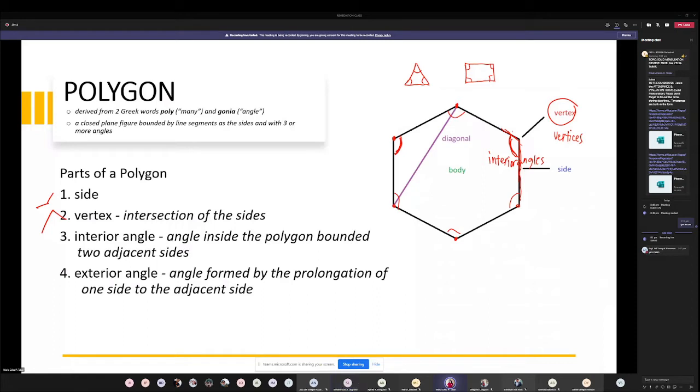If we extend this side externally, this prolongation and this adjacent side will form another angle. This is known as the exterior angle.